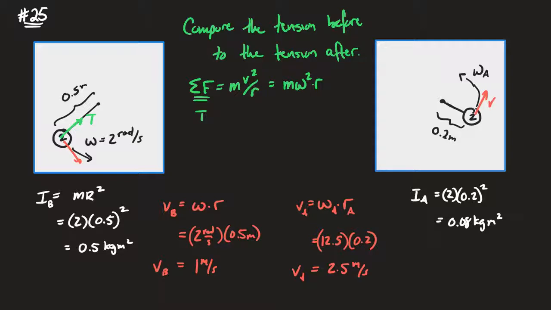That's the force that does the work. So we have all the information to do that. The first one would be the before tension, which would be 2 times 1 squared divided by 0.5, compared with the tension after, which would be 2 times 2.5 squared divided by 0.2. Meaning it takes more tension to pull that string and make the radius smaller.